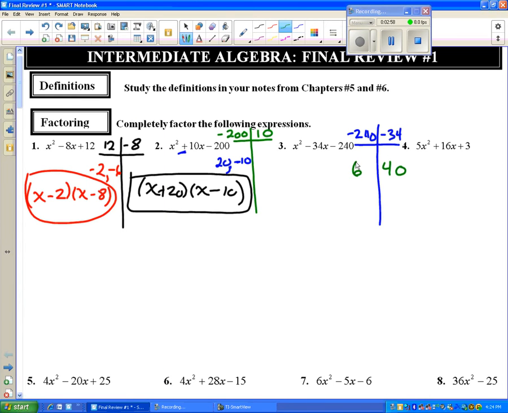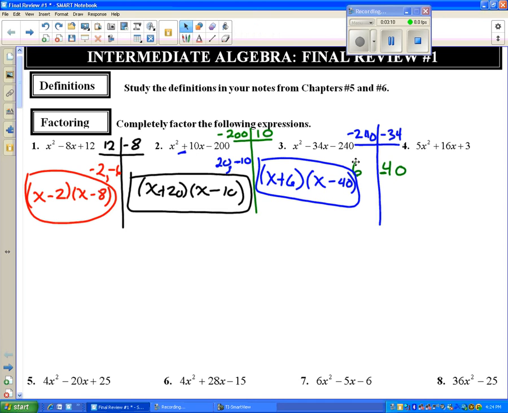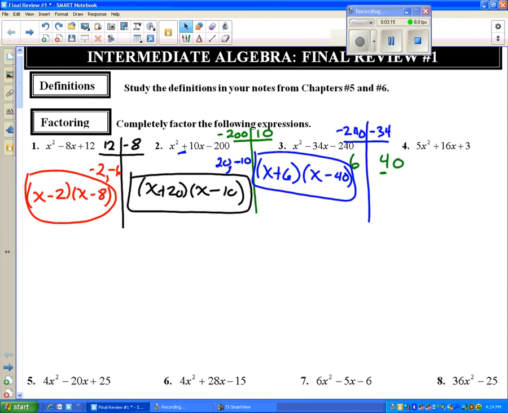I want the 34 to be negative, so it needs to be a negative 40. So this is x plus 6, x minus 40. And again, that's my answer. I can always FOIL these to check that the answer is correct. And for these, they are. The negative goes right there.